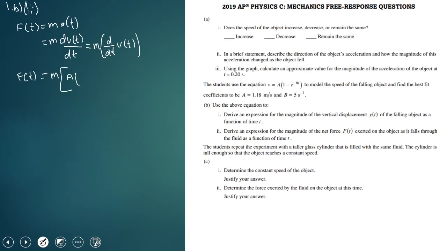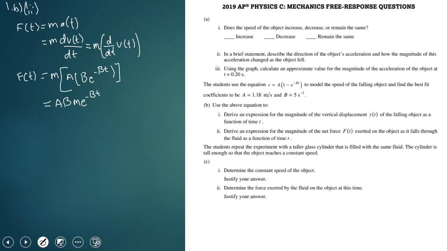Now we want to take the derivative of this inside, 1 minus e to the power of negative bt. And so the derivative of 1 is going to be 0. The derivative of negative e to the power of negative bt is going to be b times e to the power of negative bt, which is equal to a b m e to the power of negative bt.